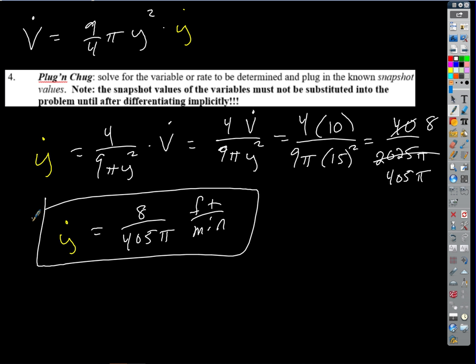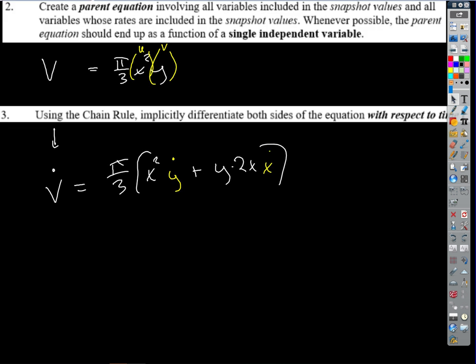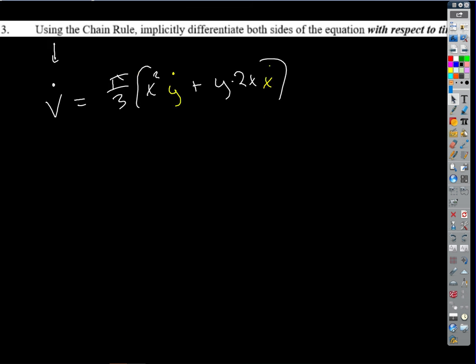The main issue though, what separated this from the other ones? Just the fact that we had to use that secondary equation to rewrite the parent equation in terms of one variable instead of two. You can see how much time that would save us. If we were to look back at our horrible wrong turn, we would have had to go back and geometrically fill in a lot of steps in those snapshot values. We could have done it, but much harder.